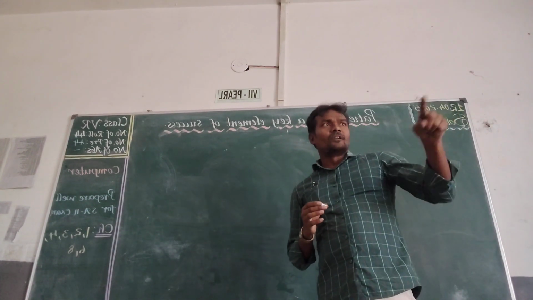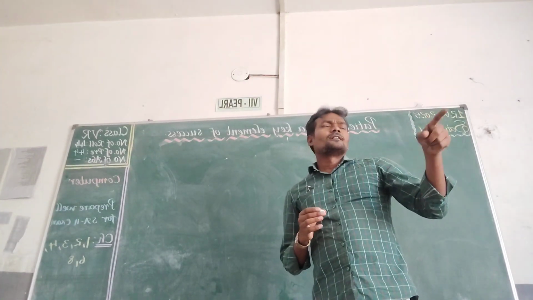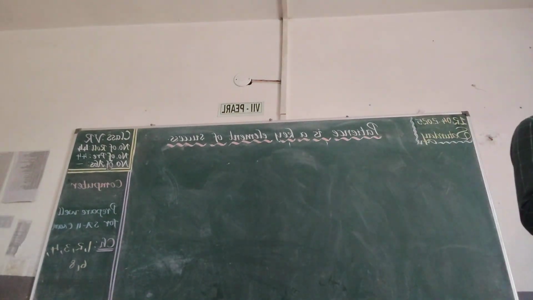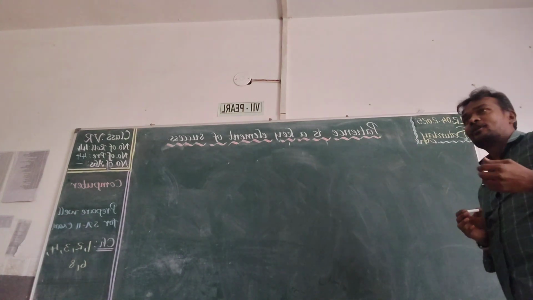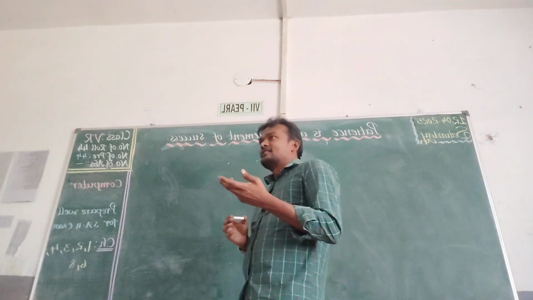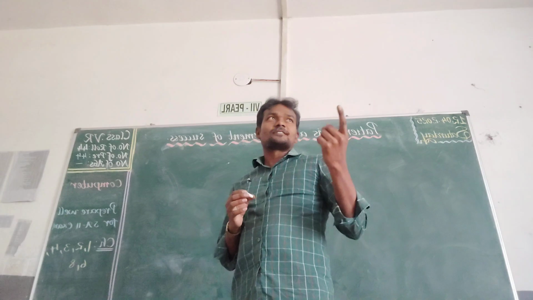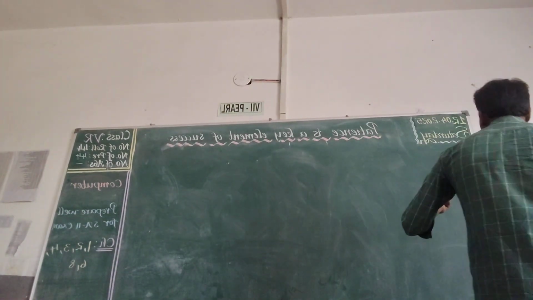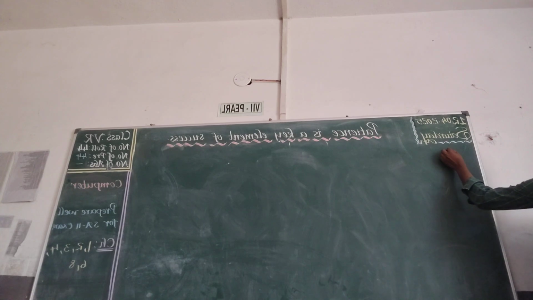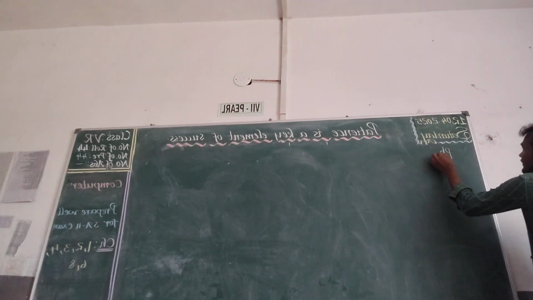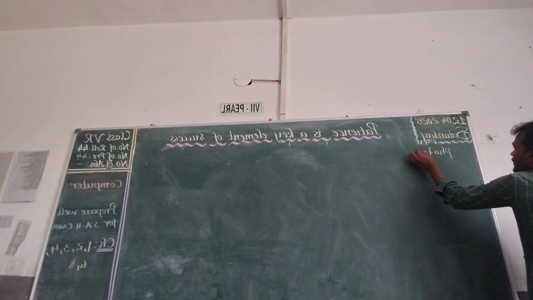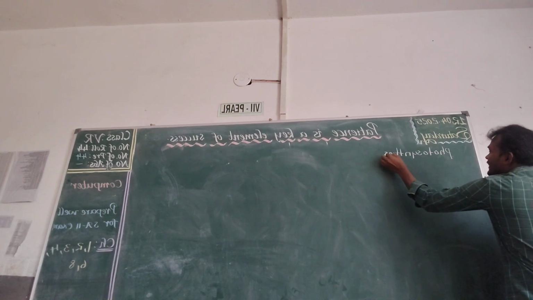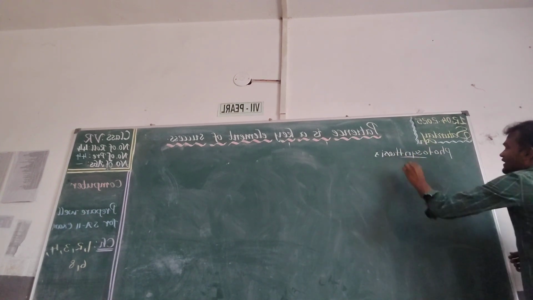Plants are a kind of living organisms that prepare their own food materials by the process called photosynthesis. So let us discuss photosynthesis. It is a common process seen in almost all green plants and green living organisms like algae.